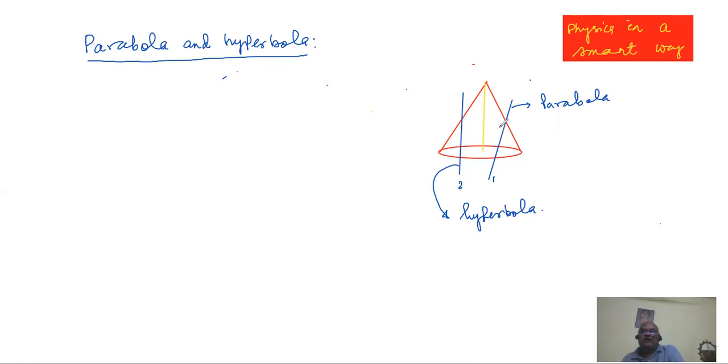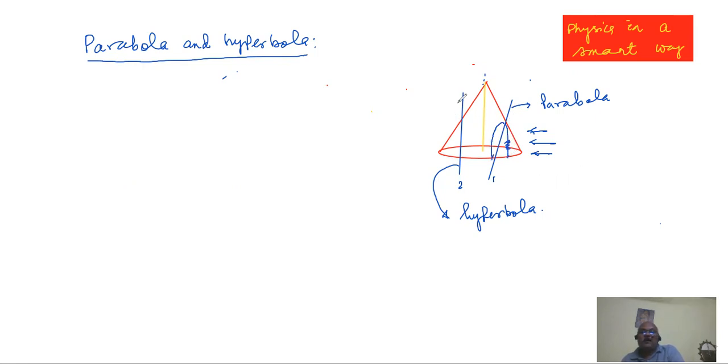If you cut it in such a way that the base is cut off and cut it slantingly, making some angle with the so-called axis of the plane, then the curve that you see here, you remove this much portion and you throw away this much portion, the small portion that is cut off. You look at the curve, you look at the profile that you have created here, that will be a parabola.